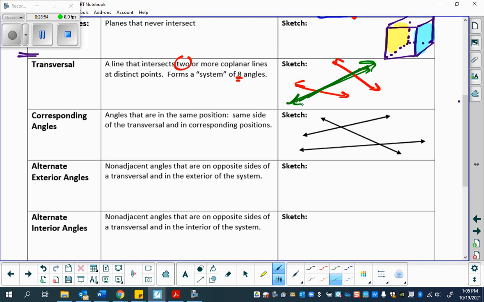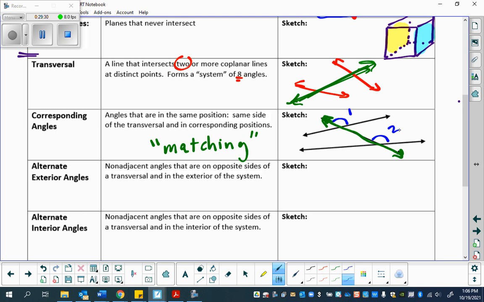All right. So corresponding angles are going to be angles that are in matching positions. And by matching, I mean they're going to be on the same side as the transversal and in the same position with respect to the other 2 lines. So if I draw my transversal, I keep trying to make it straight. If I look at angle 1 and angle 2 here, they're both in matching positions.